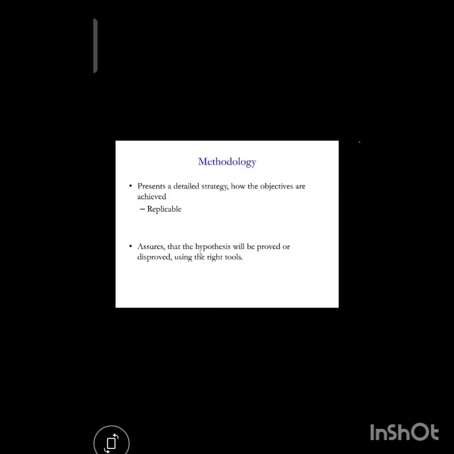Now, once you have everything ready, you need to translate it into a stepwise approach so that you can conduct the study, and it will have certain steps and ingredients. Let's see what they are. The basic aspect would be, when you plan a study, remember, the method section should be in such detail that if anybody wants to do the study, he can replicate it in exactly the same way as you have done it.